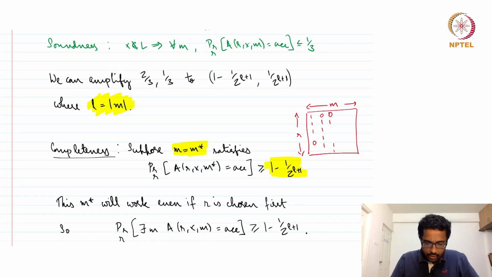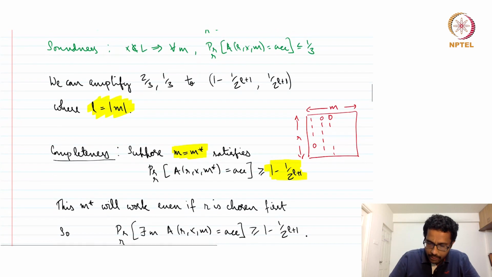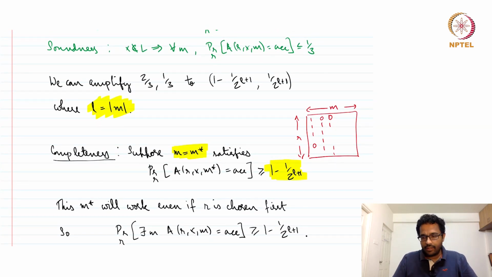Suppose X is in the language. This means there exists an M such that the probability of acceptance is at least 2/3. Now let us try to draw this matrix as I have on the right side, where rows are indexed by random coins and columns are indexed by messages that are sent by Merlin. So what does it say? It says that there is a column that has a big fraction of ones, right?